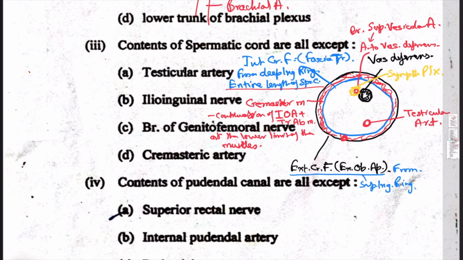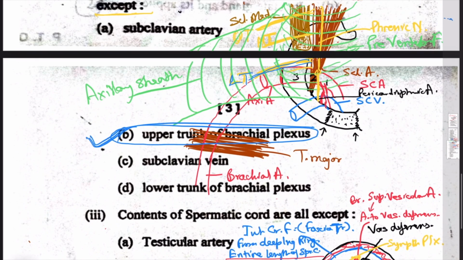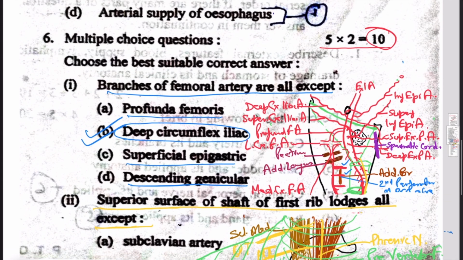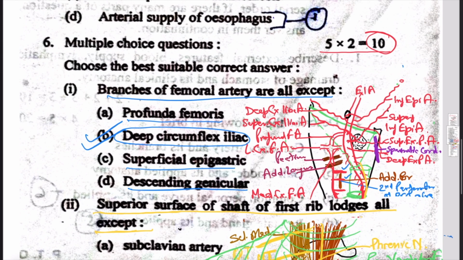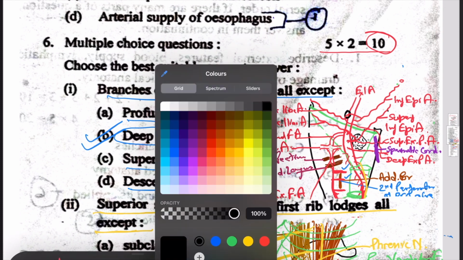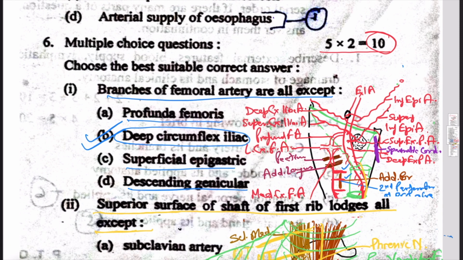So you will find here the artery to cremaster. And who will tell me that the artery to cremaster is a branch of? If you were focused, I told you in question number 1. Got it? Just have a look. Can you see now? The artery to cremaster. Yes, this is the artery. Let me use a different color so that I can highlight this. This artery I told you.